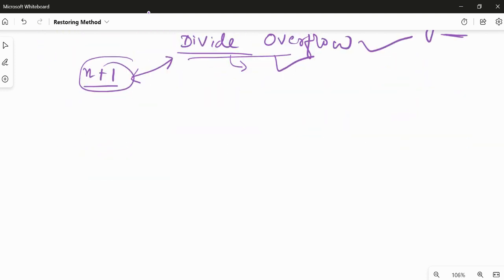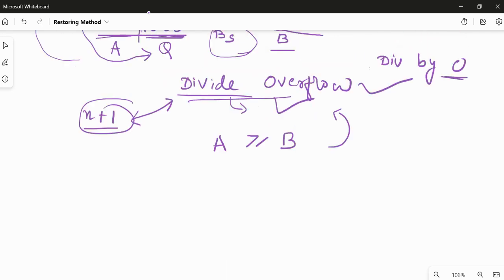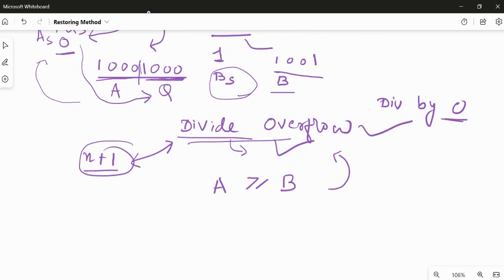So here, if A is greater than or equal to B, that means a divide overflow will generate. So what are A and B in our example? We have taken our dividend as 136, and the high part of our dividend is A. So in our case, A is 1000 and B is the divisor, that is 1001.